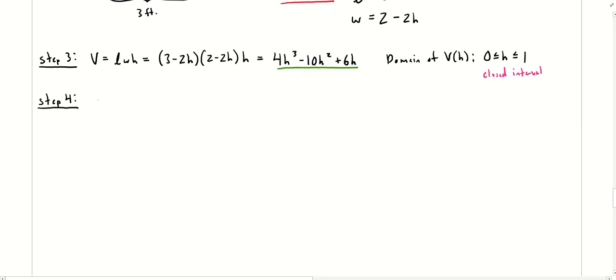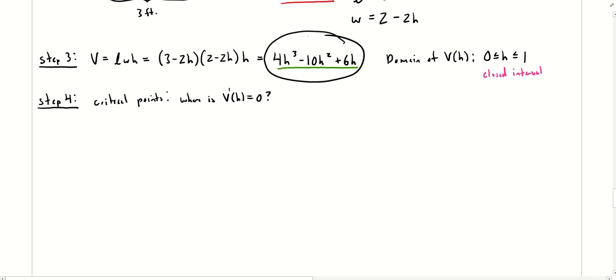So let's start with critical points. Critical points are where the derivative of my volume is equal to 0. So here's my objective function in terms of h.